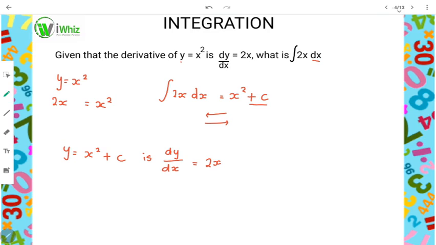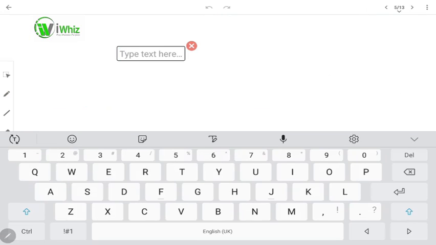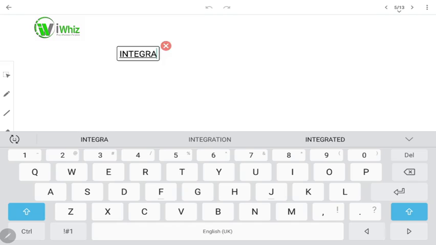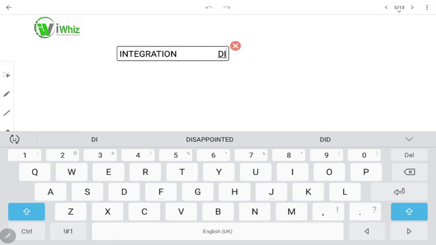Now in the next video, we'll be speaking about rules and what rules govern integration. You will also learn how to mix up various parts of integration. So, for this video, the most important thing that we need to know about the structure of derivatives and integration is that integration and differentiation go hand in hand.